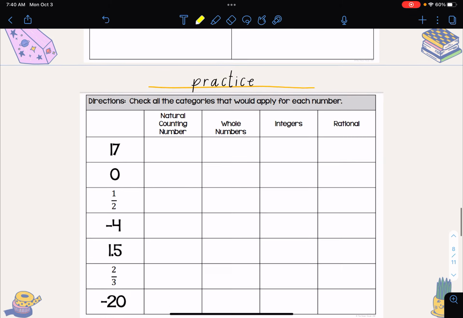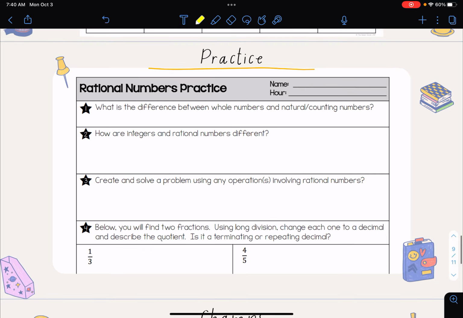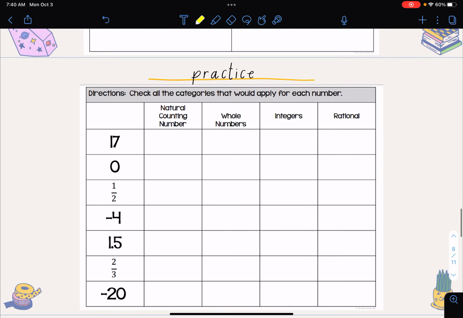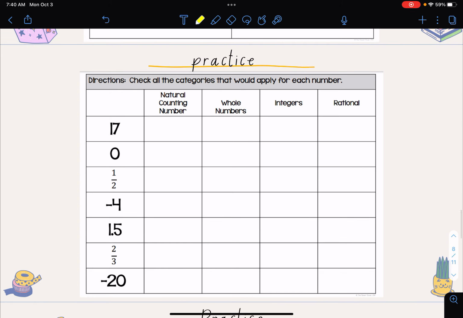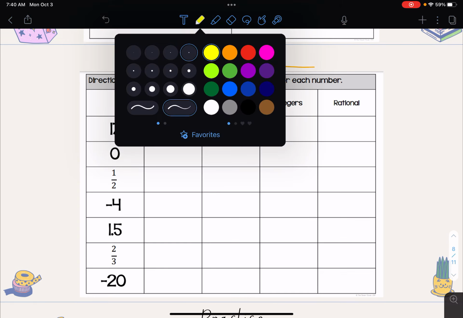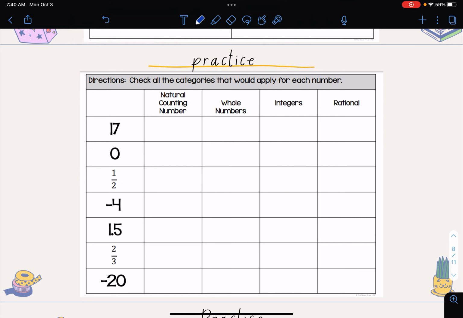You're going to have 1 of 3 pages. It's going to depend on your teacher. I'm going to go over these problems real quick. Let's look at these and see where we can classify them. We have 17. You're going to check all the boxes that it pertains to.